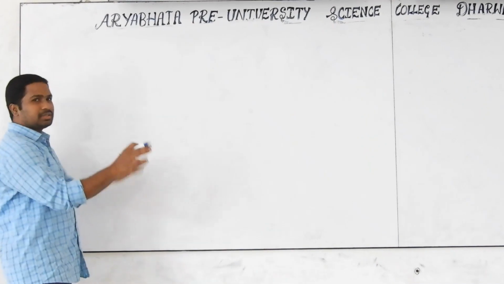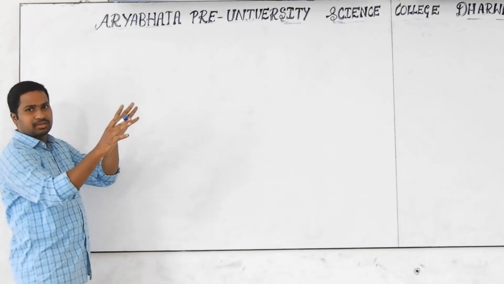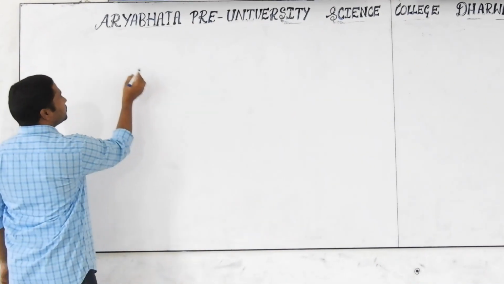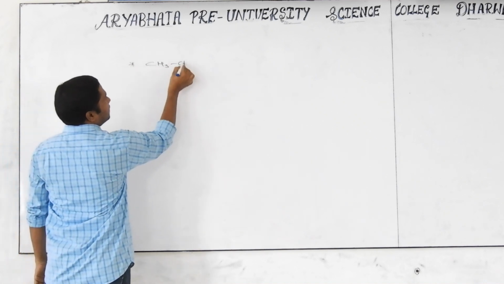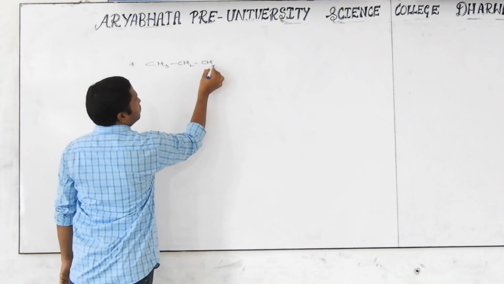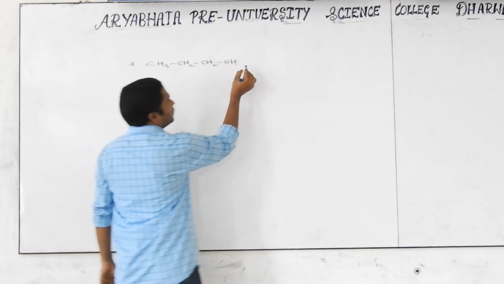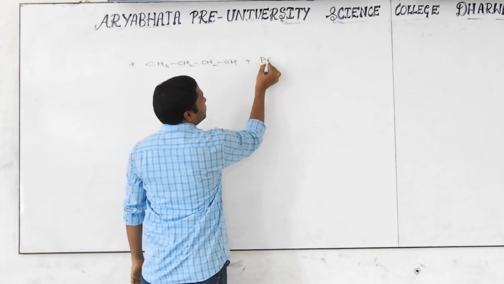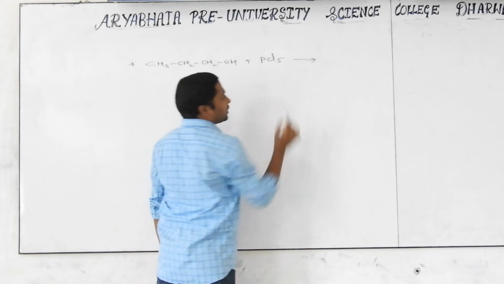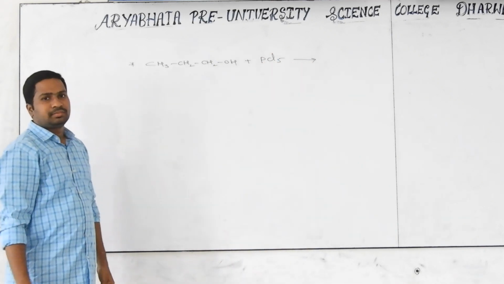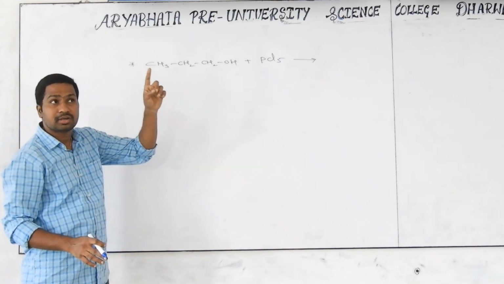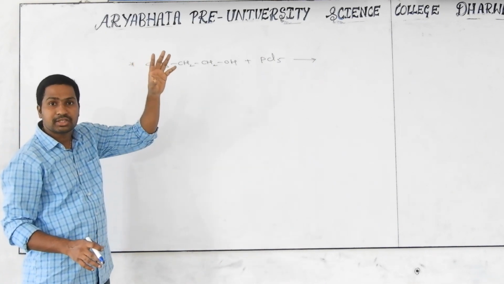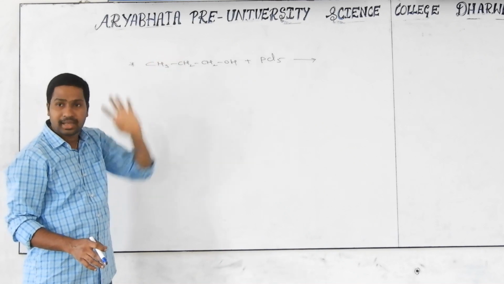Okay. Based on these preparations, I will ask some competitive questions. See carefully. For example, CH3CH2CH2OH reacts with PCl5. What is the product? You have to understand, this is a preparation of alkyl halide: from alcohol, by reaction with phosphorus halides, we get alkyl halides.